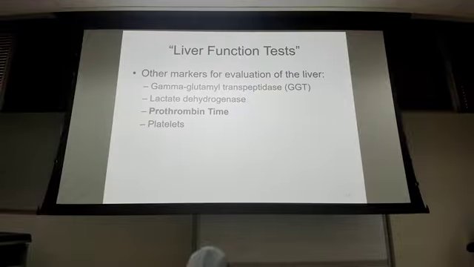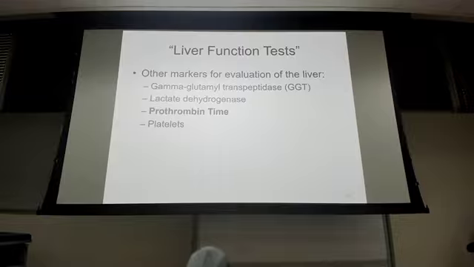So we also have some other markers. Sometimes they'll be in your set that you're getting in whatever facility you're at. If not, you'll have to order them separately. But the gamma-glutamyl transpeptidase, GGT, lactate dehydrogenase, LDH is the abbreviation that you'll see on your labs for that one. Prothrombin time, so we're looking at coagulation, right? And then platelets.